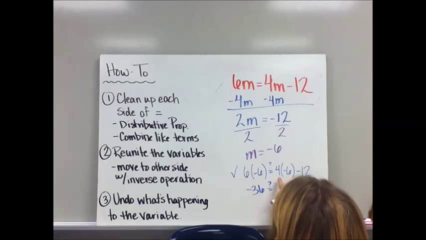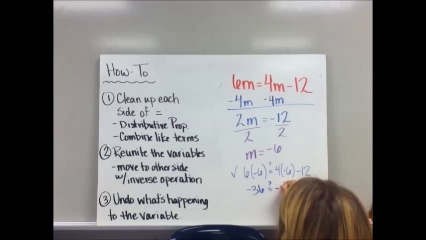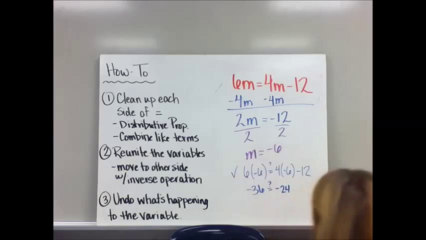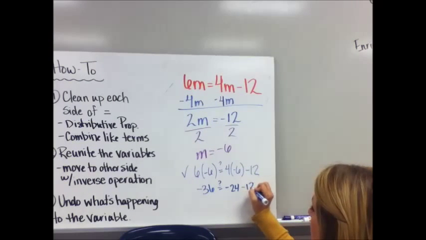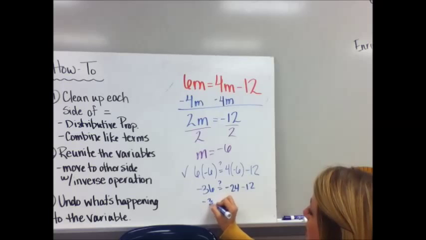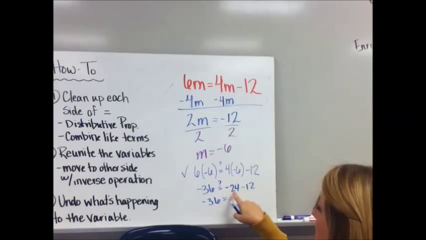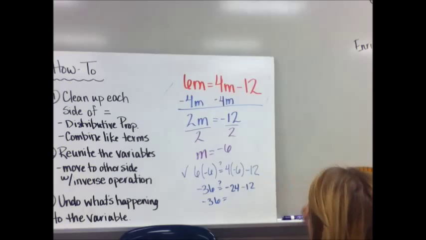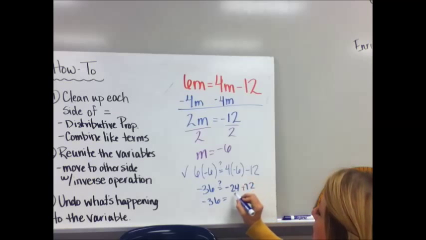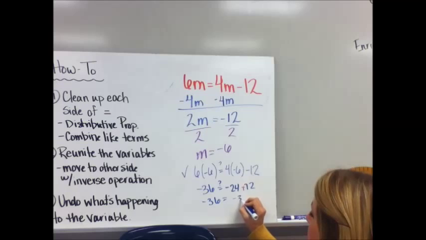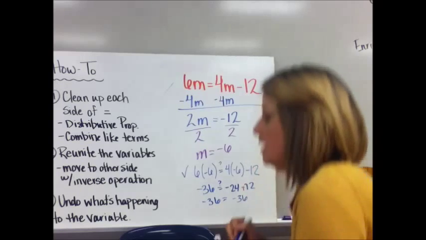Let's see if that's equal to 4 times negative 6, which is negative 24, minus 12. Negative 36 equals negative 24 minus 12. I'm going to keep, change, and that is negative 36. It checks out.